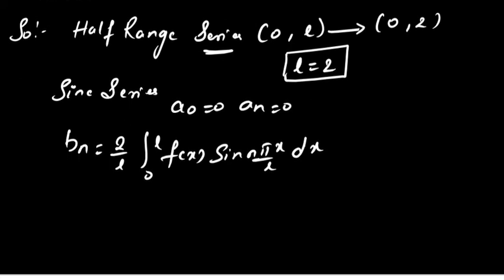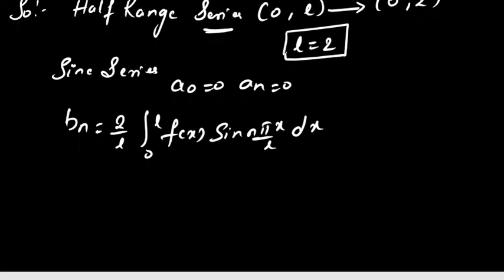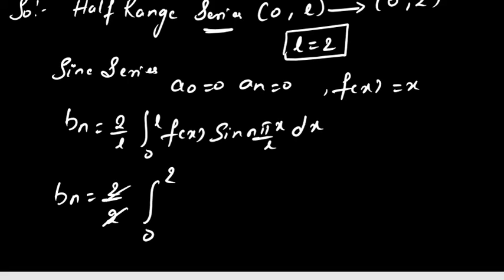Since we know the L value, we can substitute wherever it is required, and the function f of x is given as x. So bn is equal to 2 by L is 2, so 2 by 2 gets cancelled. 0 to 2, x is the function, sine n pi x by 2 into dx.